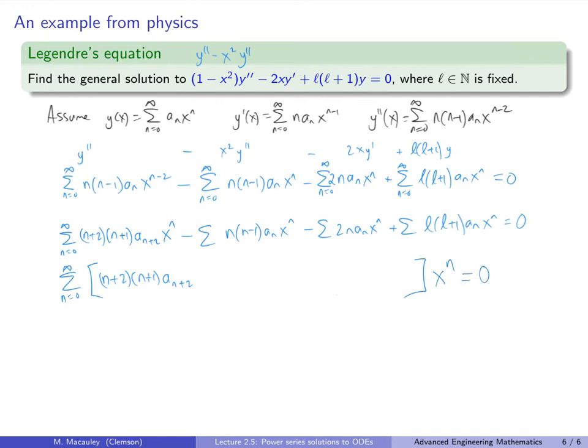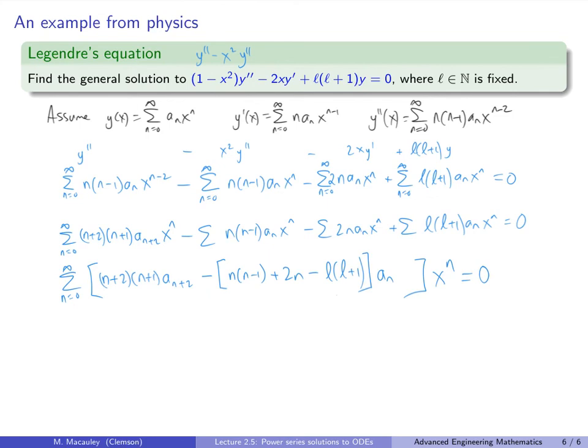Now, do I want to make this plus or minus? I'm going to make this minus because we're going to set it equal to 0. So this is minus n minus 1, plus 2n, minus l times l plus 1, and that whole thing multiplies a_n.